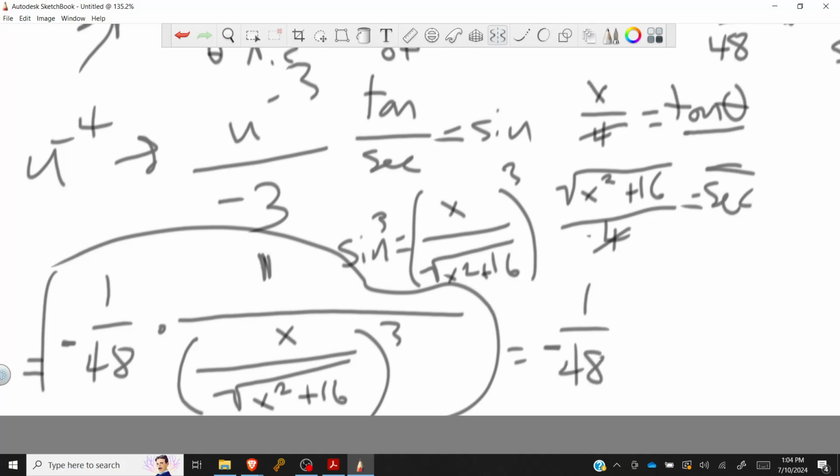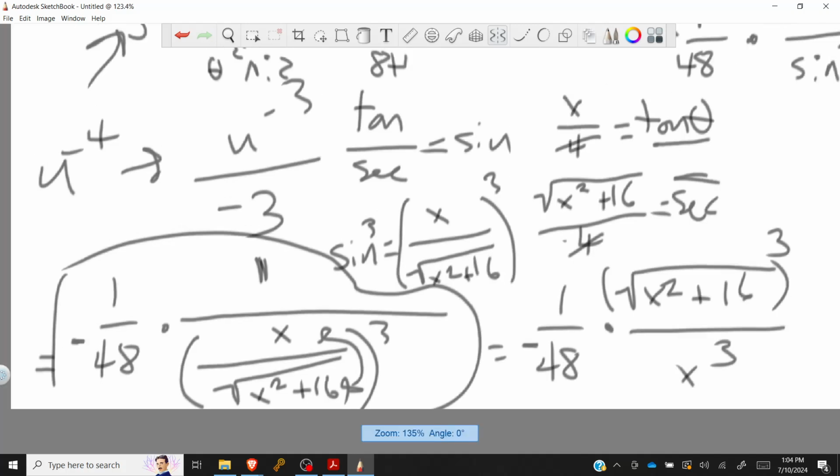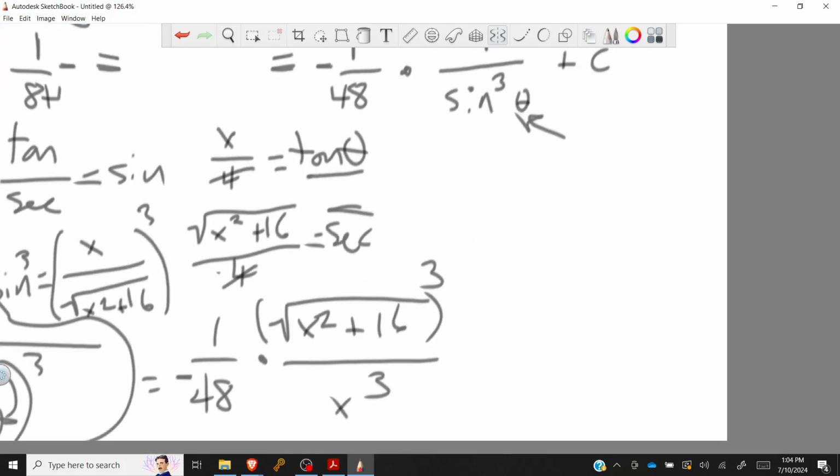When this is under the denominator, these terms are going to switch. It's going to be like the inverse of it. So this is going to be equal to square root x squared plus 16, quantity cubed, over x cubed. If you want to make this even easier, we can combine these fractions now.